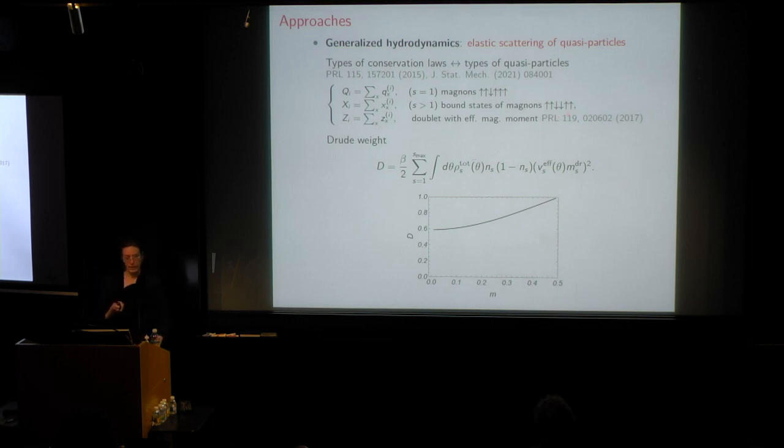In this case, the Drude weight is calculated from the hydrodynamic theory by essentially summing over different types of particles and weighting, looking at the contribution of their effective velocity times charge squared to the Drude weight.